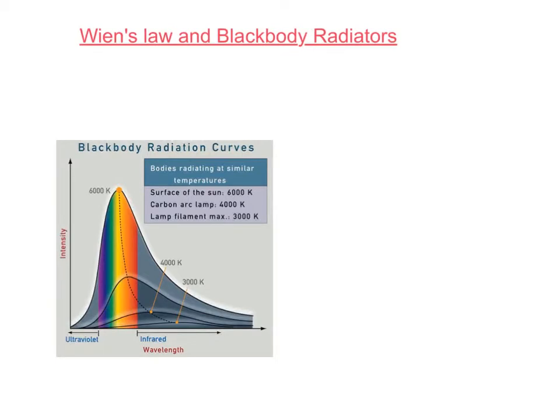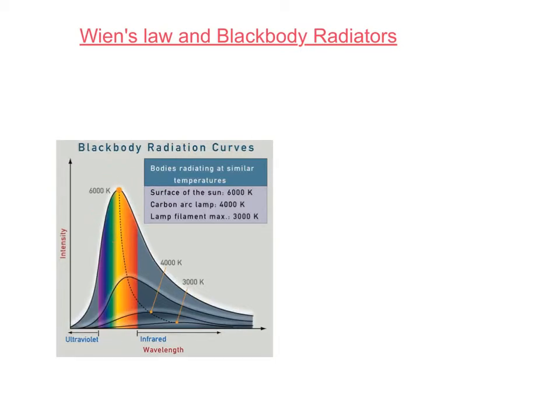However, depending on the temperature of the object, as you can see by the different curves that we have on this graph here, what we can see is that we have a greater intensity of light which is emitted from particular wavelengths.